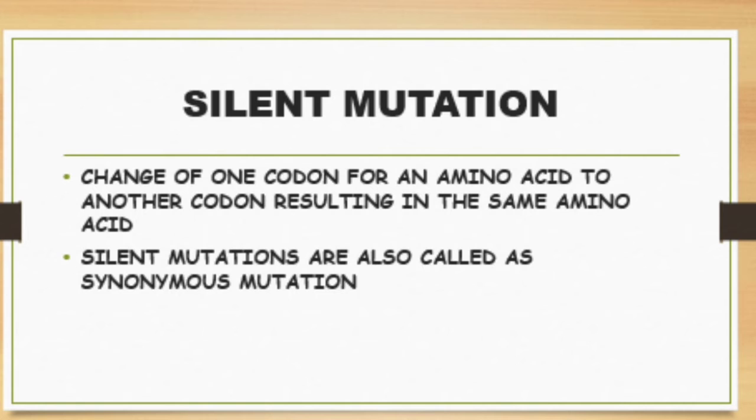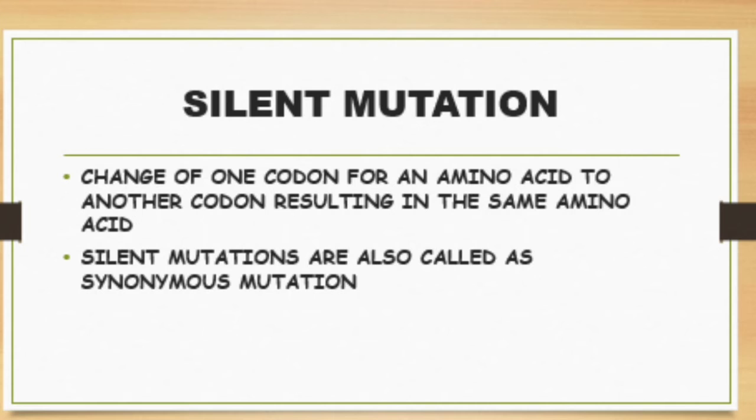So there are codons in our body. There are three base pairs, and these three together, when they combine, give us an amino acid. These amino acids are part of proteins, which perform a certain function in our body.